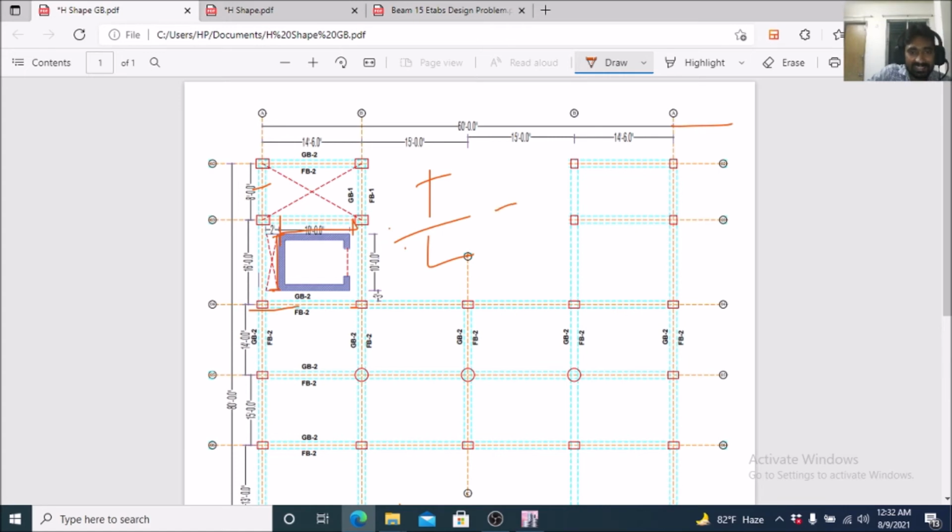So here T is equal to 10 inch divided by L is 10 feet. So 10 into 12, so 10 divided by 120.